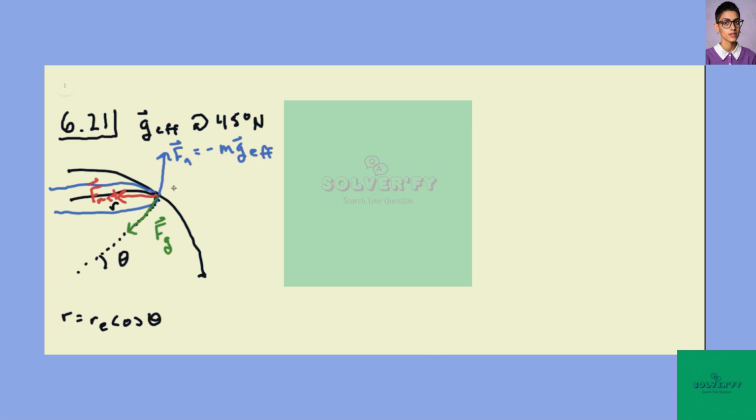And we're going to use coordinates that have a y that's parallel to the line from the center of the Earth, or is perpendicular to the surface of the Earth at this point, and x that's tangential to it.